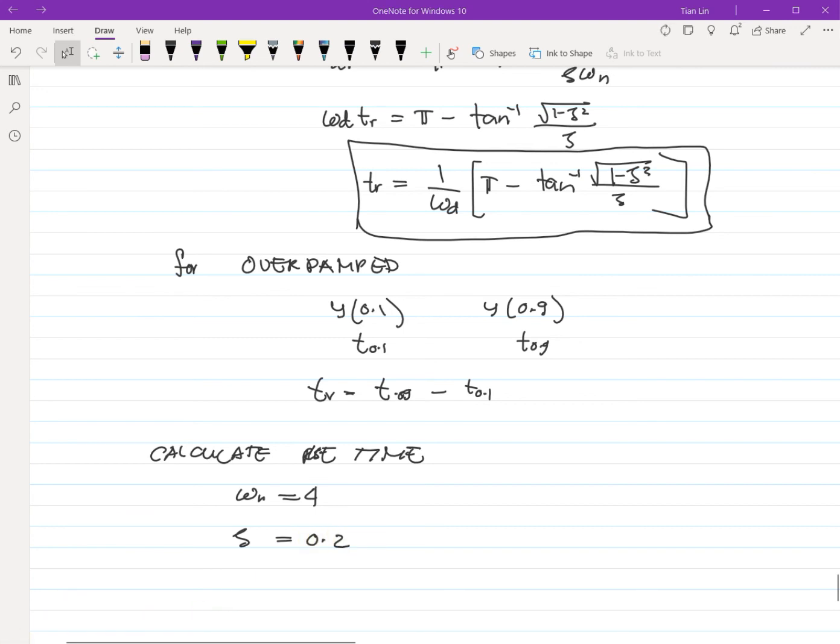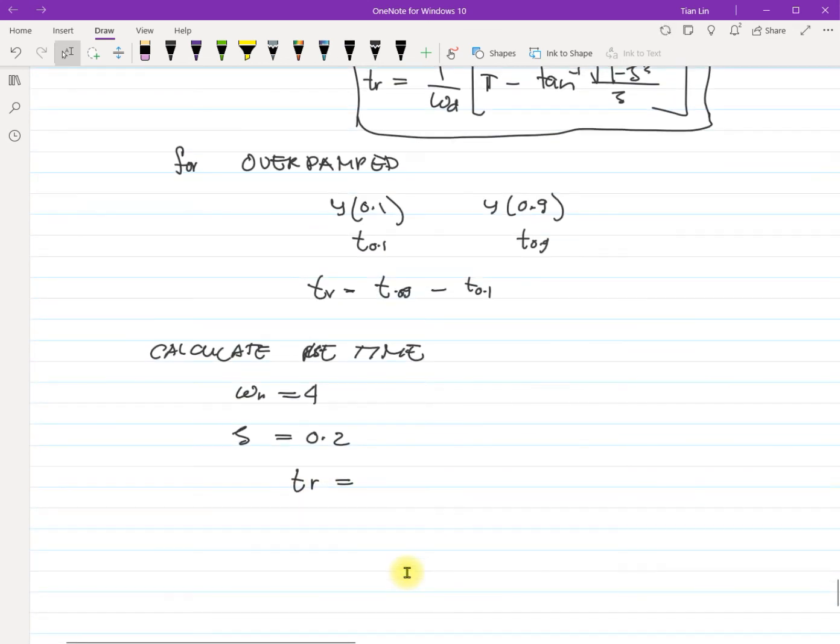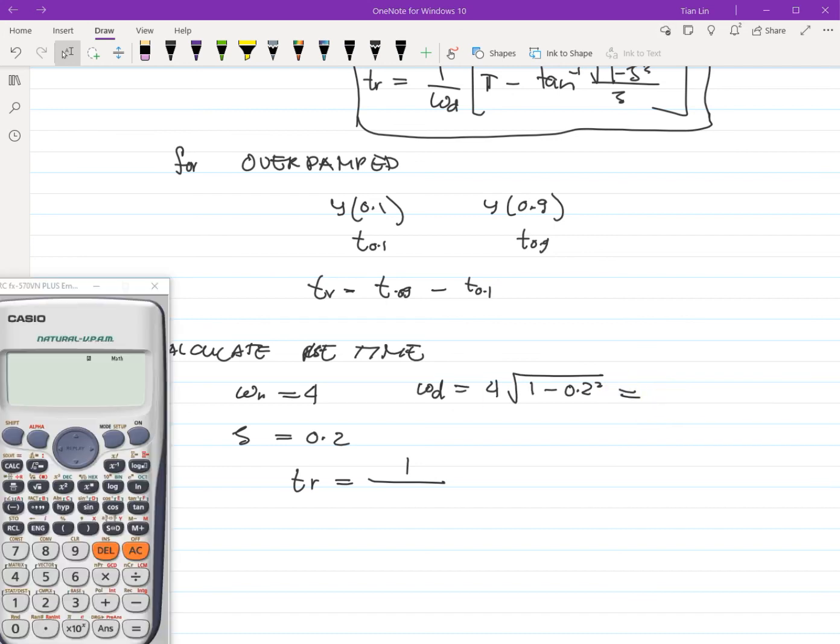Using the formula here, the rise time will be equal to 1 over omega d. So let's solve for omega d here. Omega d is equal to omega n, 4, times the square root of 1 minus zeta squared, 1 minus 0.2 squared.